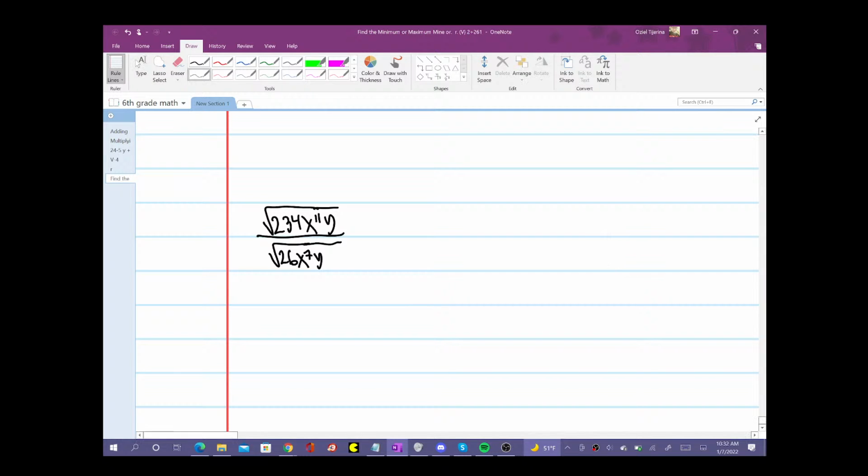So we can say the square root of 234 x to the 11th y over 26 x to the 7th y. Notice that y cancels out. Remember the law of exponents: x to the a divided by x to the b equals x to the a minus b power.